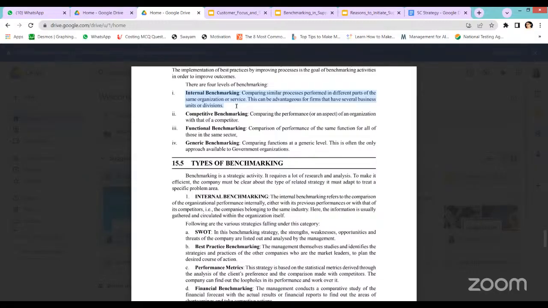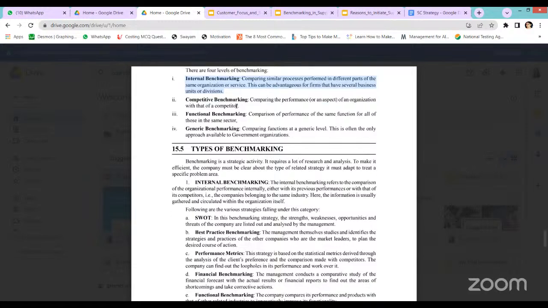Functional benchmarking is comparing the performance of the same function across firms in the same sector. You can establish benchmarks for the same functions of different firms in the same industry. Generic benchmarking is comparing functions at a generic level. This is often the only approach available to government organizations, in general, overall.